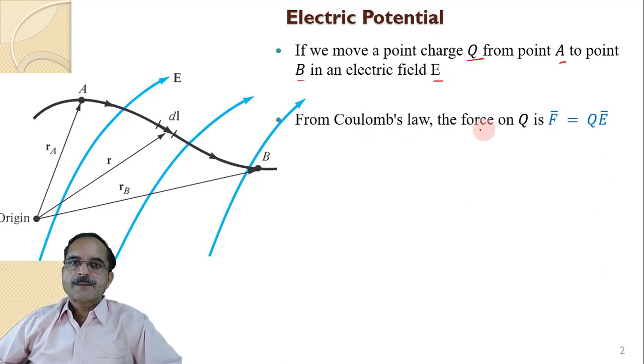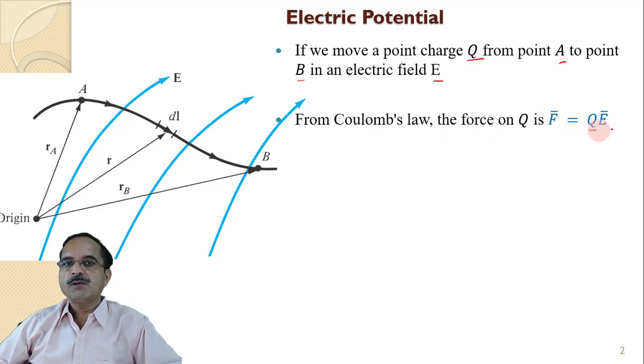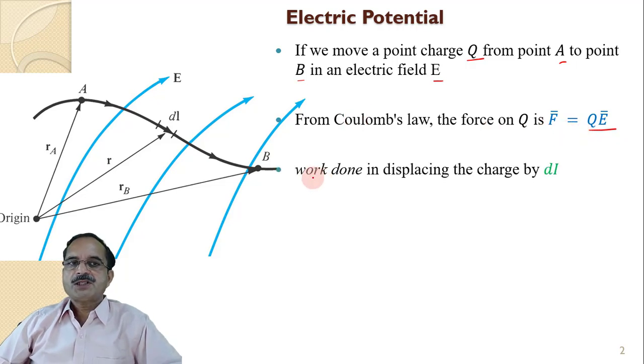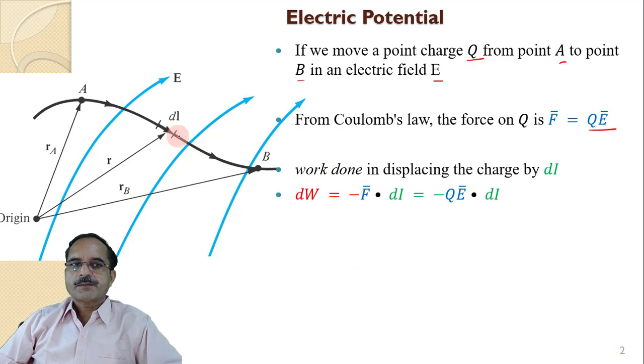During this, there will be some force exerted on the charge, and that force is F equals QE as per Coulomb's law. When a charge is moved under the influence of an electric field, some work is being done. Let us assume over this small differential length dl, the charge is moved.